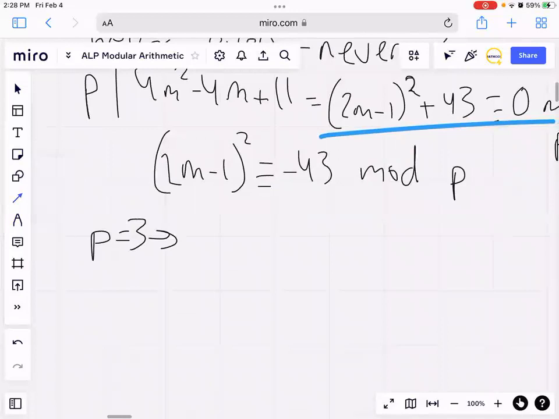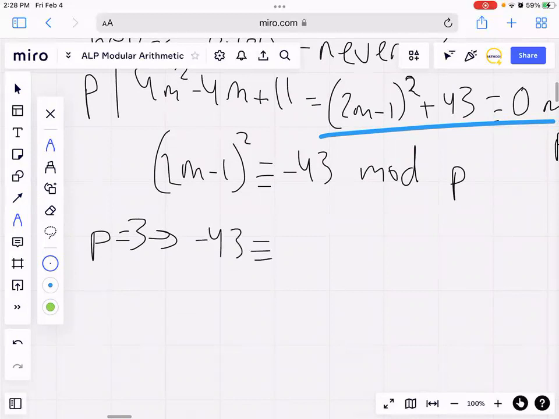Note that here we have (2m minus 1) squared. Let's just go to the negative 43. Negative 43 is congruent to negative 1 mod 3, because we're adding 42 to that.